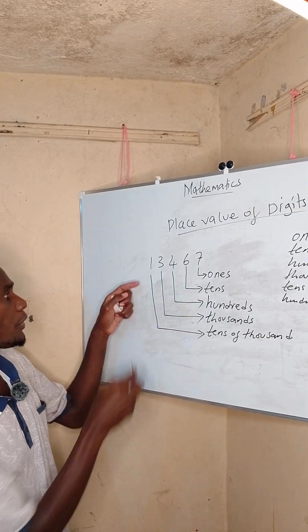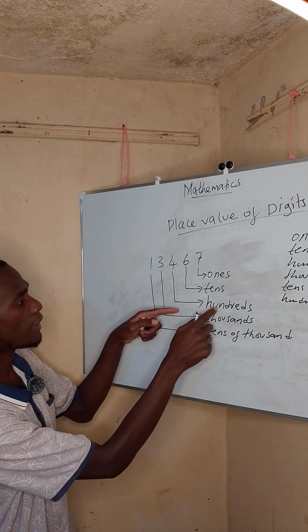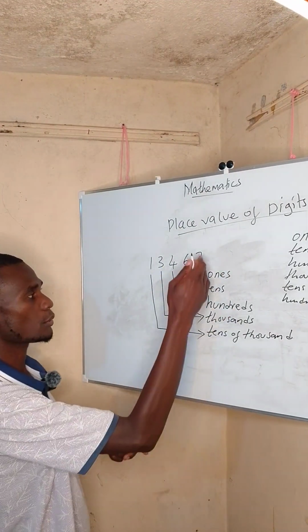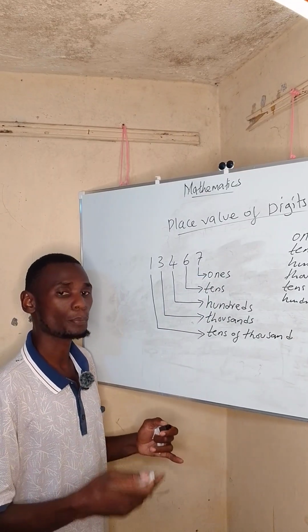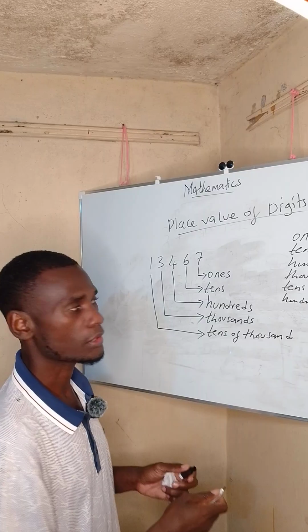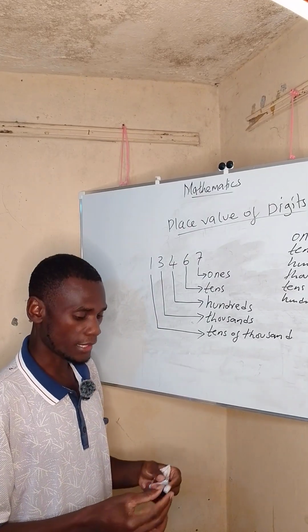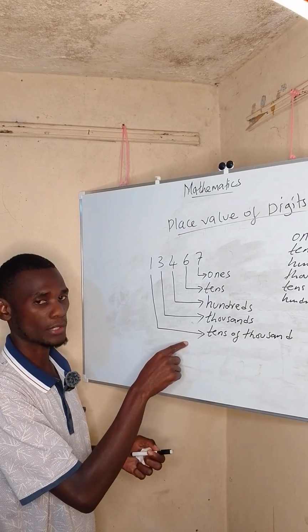Sorry. So we have 13,000, these two for the thousands, 467. So these are what we refer to as place value of numbers or place value of digits. This one was done in grade 4 up to tens of thousands.